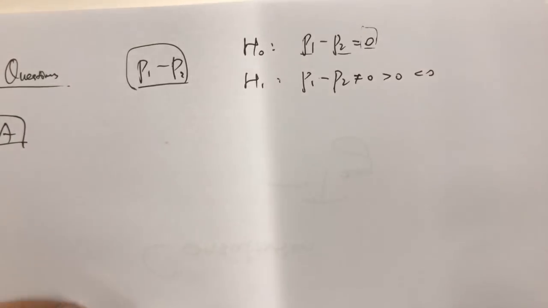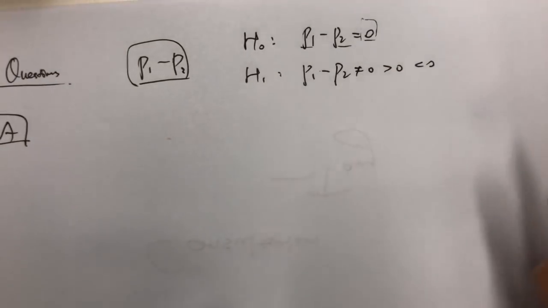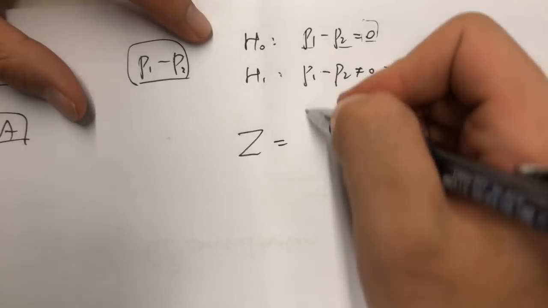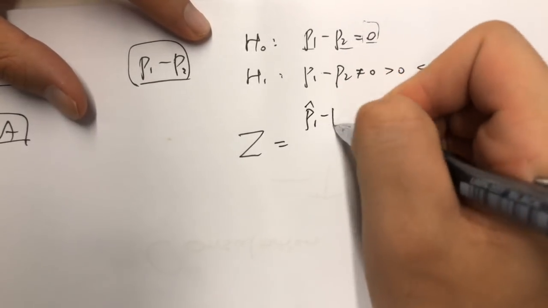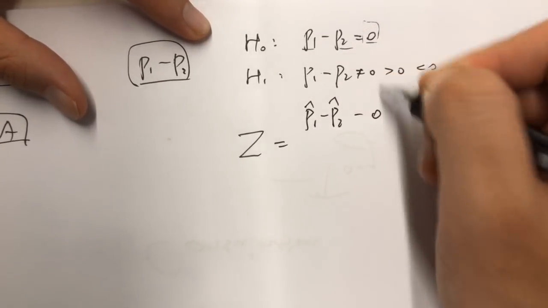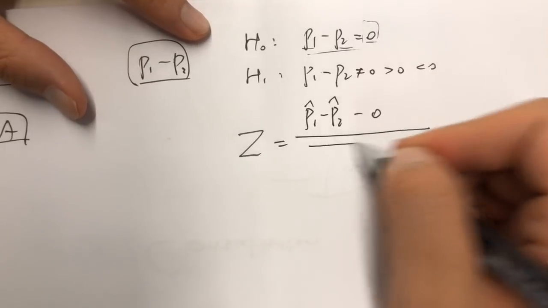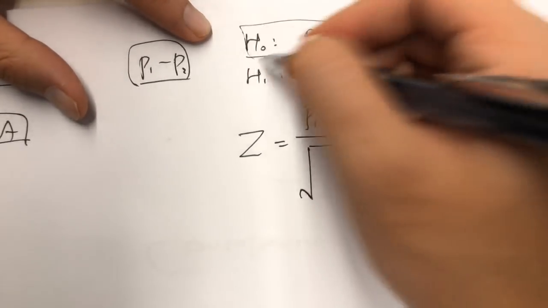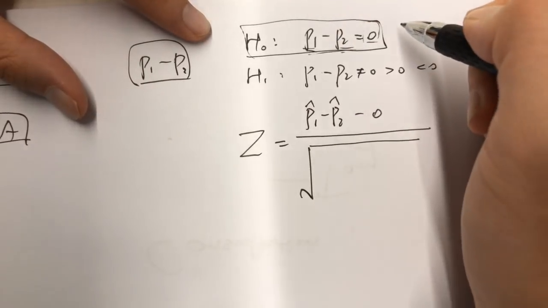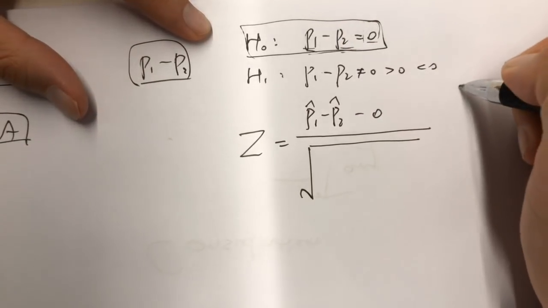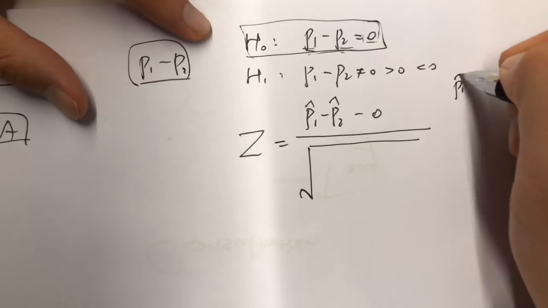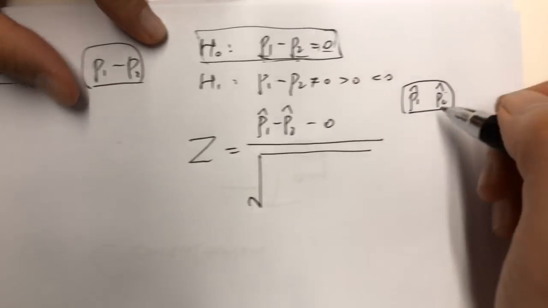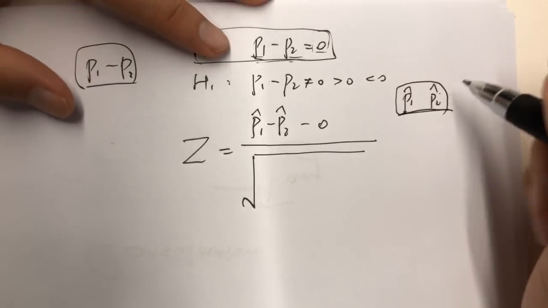Whenever it is 0, to build a test statistic Z, it's P1 hat minus P2 hat minus 0. But on the denominator, because we assume P1 equals P2, even though you can observe P1 hat and P2 hat, we need to combine those two P hats together.